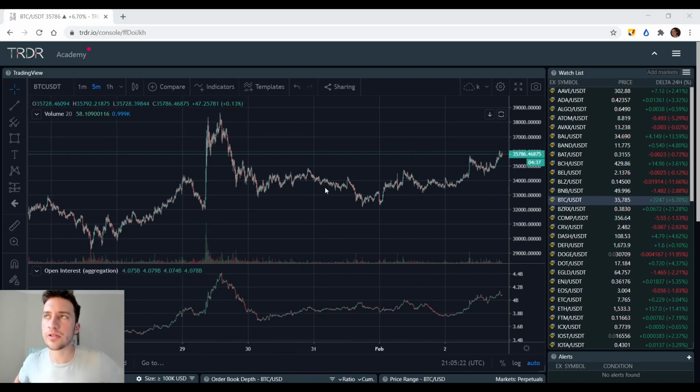But basically, to put this method into words more than just the visuals that I'm showing you, what I do is I look at aggregated open interest. And what I'm interested in finding is two things, pun not intended. I want to see sizable open interest increases in tight price ranges or in zones of consolidation.